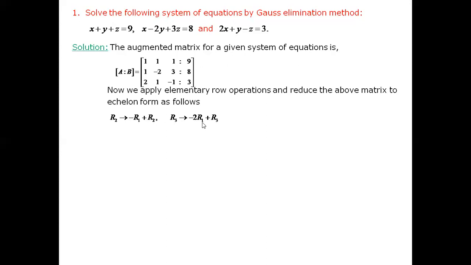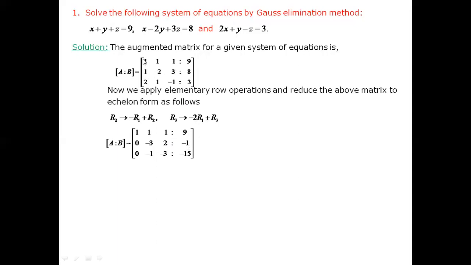If we use these transformations, the first step matrix A colon B is equivalent to: I'm writing the first row as it is, 1, 1, 1, colon 9. For the second row, using R2 minus R1: 1 minus 1, 0; minus 2 minus 1, minus 3; 3 minus 1, 2; 8 minus 9, minus 1.